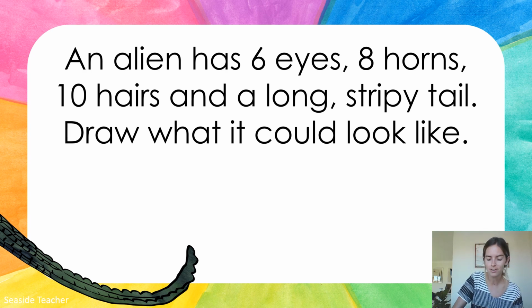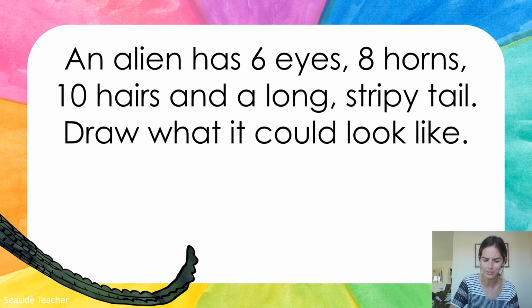Okay, so the first thing I'm going to do is draw its head. And then I know that I need 6 eyes. So I'm going to draw my 6 eyes. 1, 2, 3, 4, 5, 6. And yours might look completely different to mine, and that's okay. That's the whole point. So I've got my 6 eyes. I need 8 horns. Okay, horns.